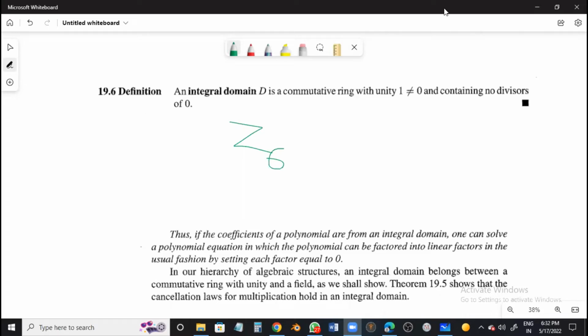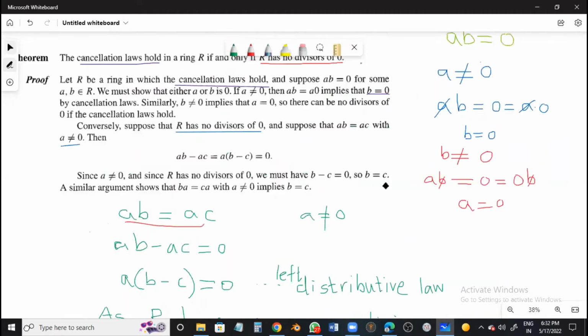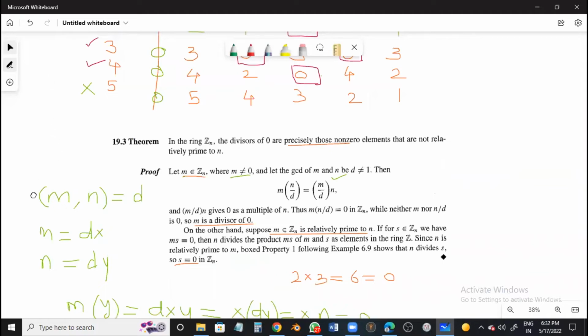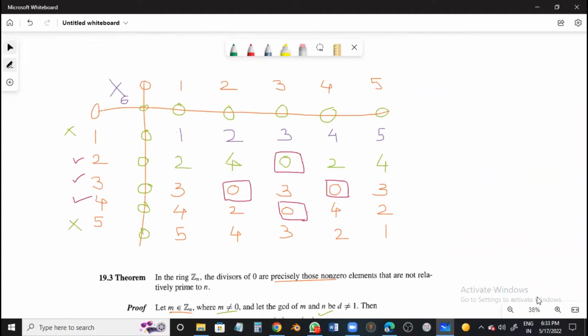Either say yes or say no. This is our Z6. It is in front of you. Is the multiplication commutative? Is it symmetric about the diagonal? Yes, it is. Multiplication is commutative. Does it contain unity? Yes, unity is there.